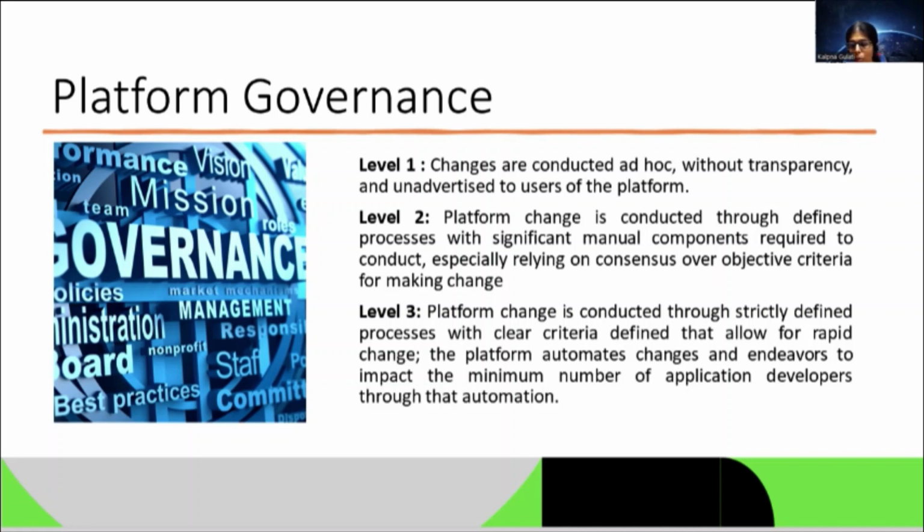An email goes out. If people have concerns, they can respond back. Otherwise, this change is automated. Once that change is done, the application developers are informed through the automated process, and the platform governance ensures that nobody is impacted, right? So this is another major thing which is essential for all the platform teams.